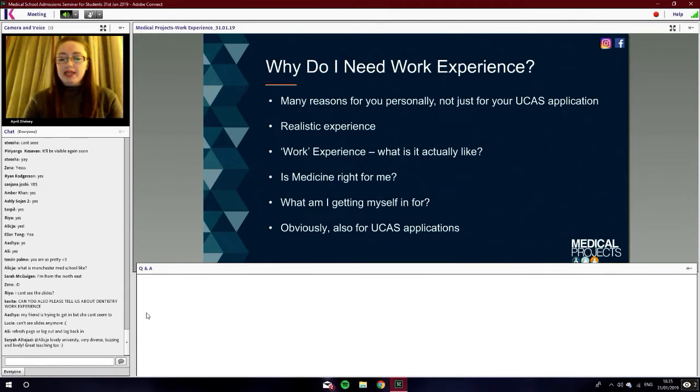The key word we're looking for is realistic work experience. The word realistic is really key because you're only going to find out what work life is like, what work as a student is like, work as a doctor is like, just by experiencing it, okay?